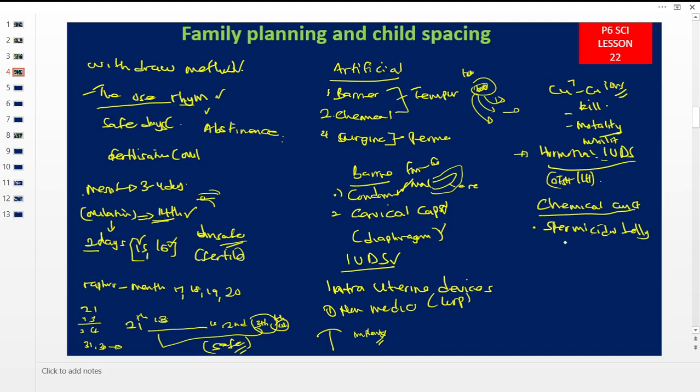These ones are used by both a man and a woman. The man just smears them on the penis. Then when you are having sexual intercourse and you release sperms inside the vagina, the sperms are going to be killed by those spermicidal jellies. Also a woman can smear them inside the vagina. Then when they are having sexual intercourse, on releasing the sperms, they are just killed.